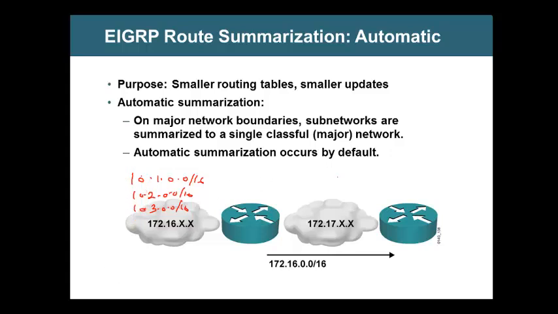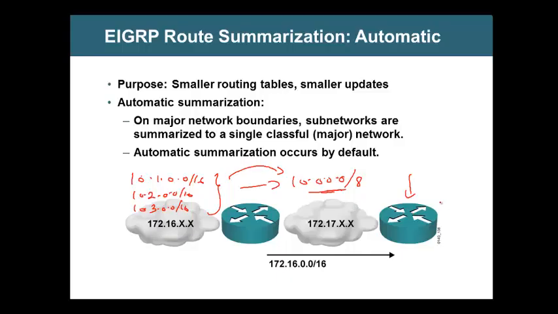Earlier they thought summarization is good. Instead of sending three separate updates, we are going to send just one update. So in the beginning they thought summarization is good. Less bandwidth. Not only that, when the update is received on the remote router, the next router will not need much processor to process it, will not need much buffer to accommodate this route.